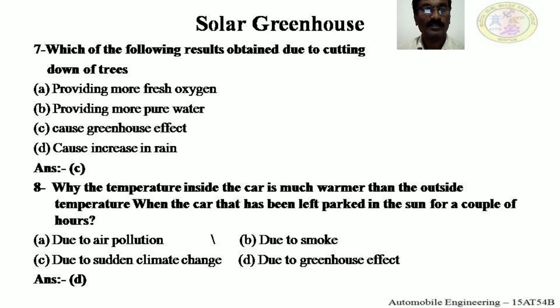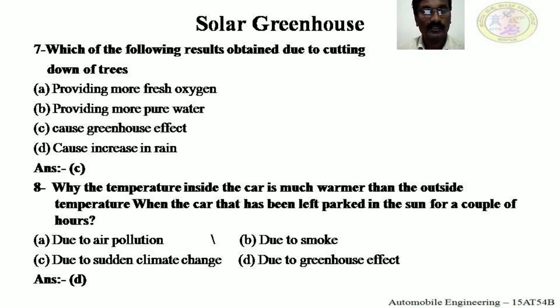No. Cutting down trees only contributes to the greenhouse effect, because cutting trees affects the oxygen supply, affects pure water, and affects the rains. So these are not suitable. The answer C only is correct.